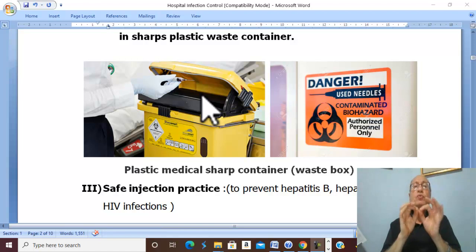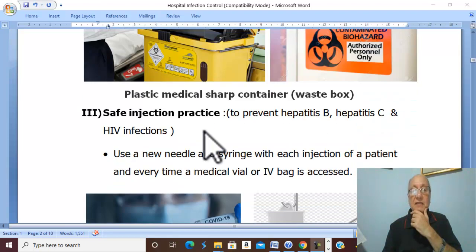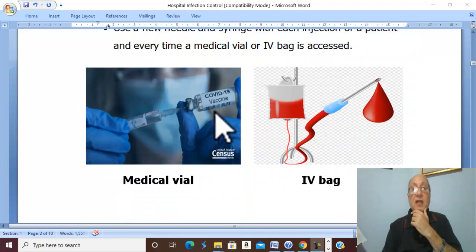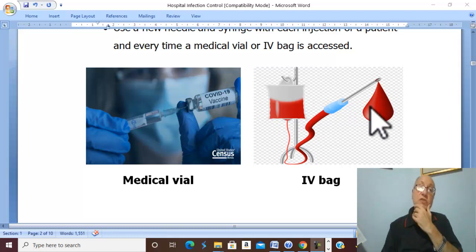Use a new needle and syringe with each injection of a patient, and every time you use a medical vial, or when you use any IV bag, use a new needle and new syringe.